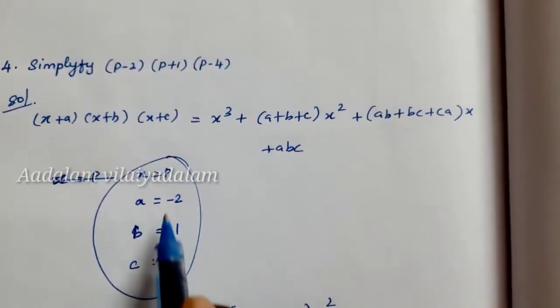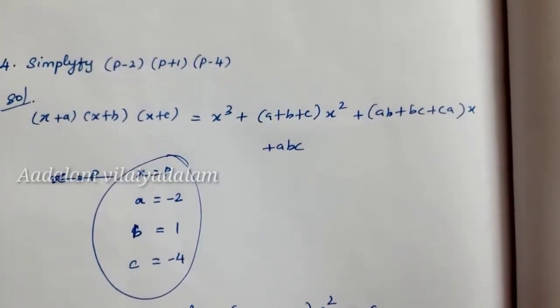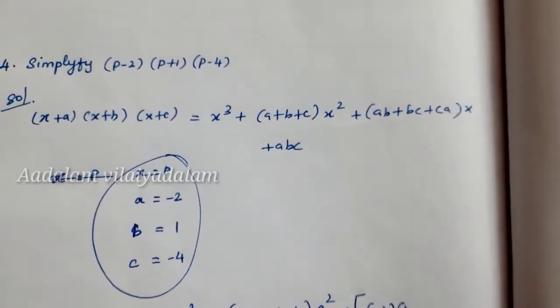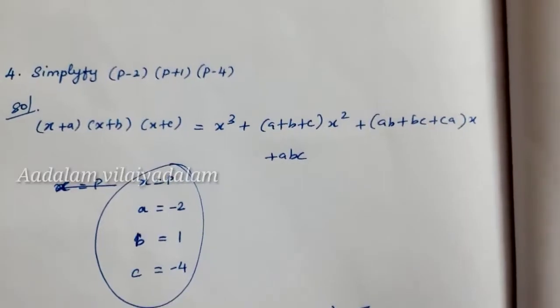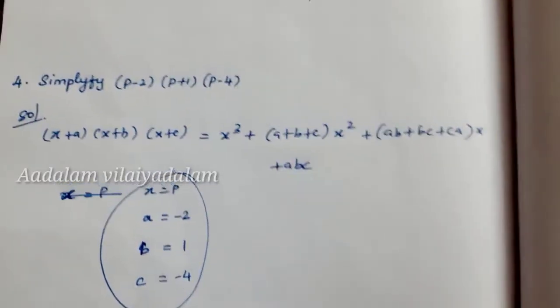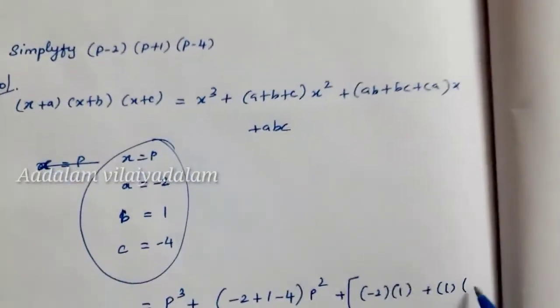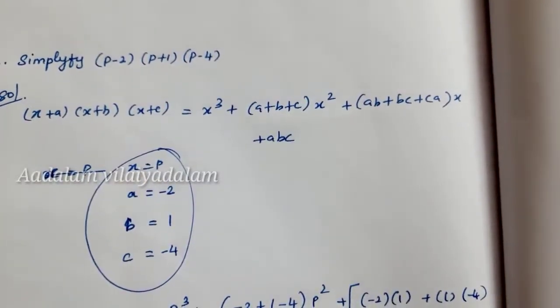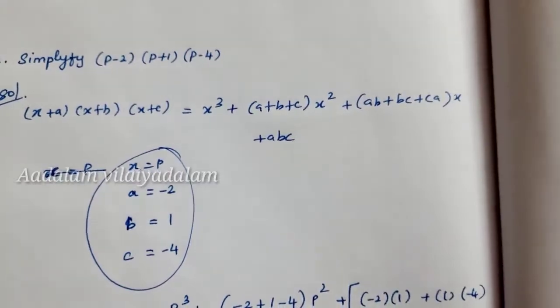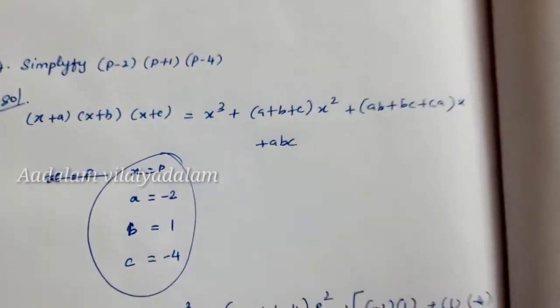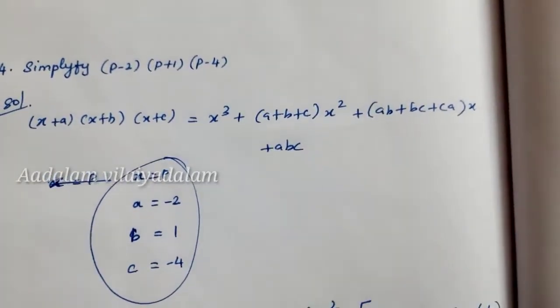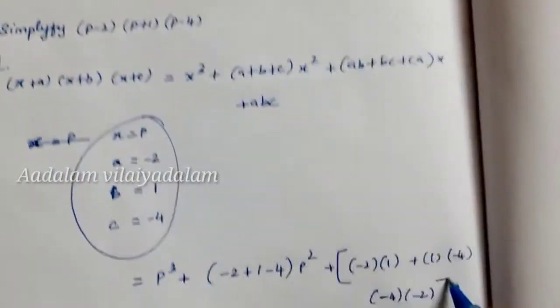What is ab? We can write minus 2 into plus 1. The next one, bc: 1 into minus 4. The next one, ca: minus 4 into minus 2. Next, the x value is p.